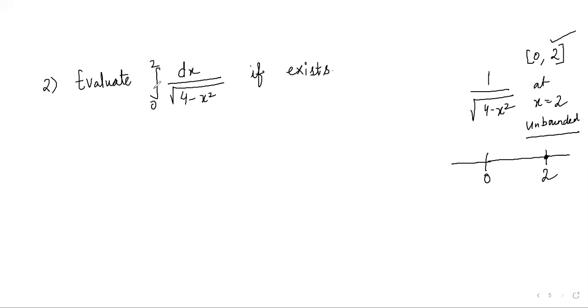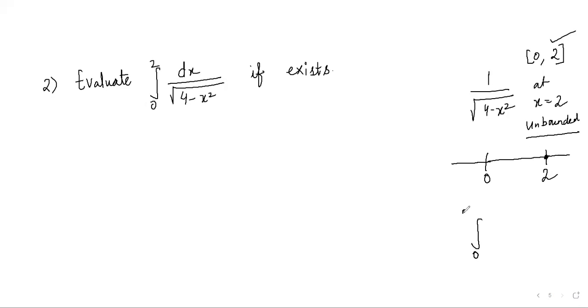So for checking the convergence of this improper integral of second kind, since we don't have a problem with the lower limit 0, the function is bounded at 0, it will be the same 0. And here be careful whether it will be 2 minus epsilon or 2 plus epsilon. Since if we take 2 plus epsilon, we will be out of this domain of integration.